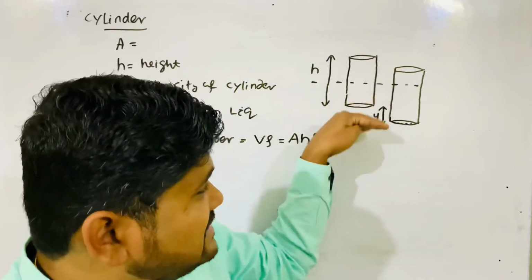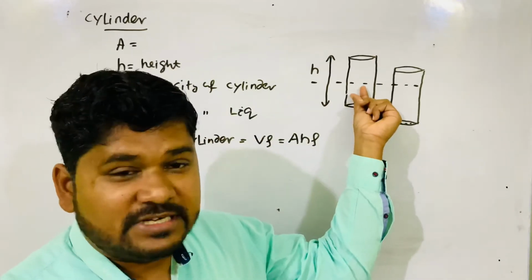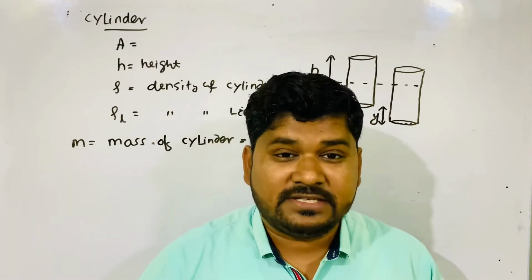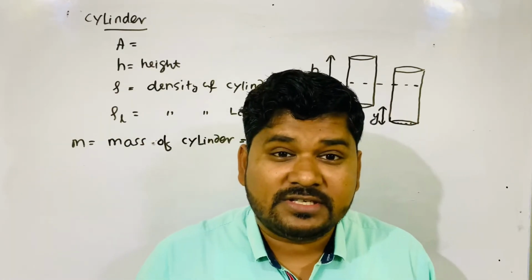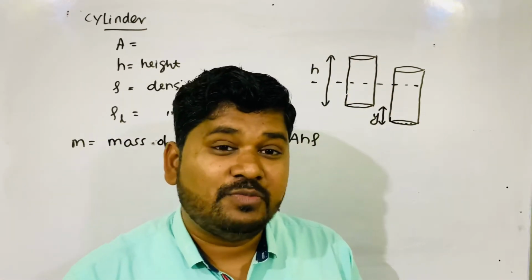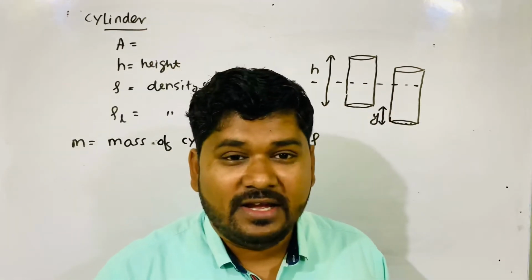More volume is now inside the liquid. You see how much volume was there of the cylinder. Now more volume is inside the liquid, meaning more volume of liquid is displaced. So more is the thrust. That's why it will go up. Thrust is more than weight. But before, thrust was equal to weight.